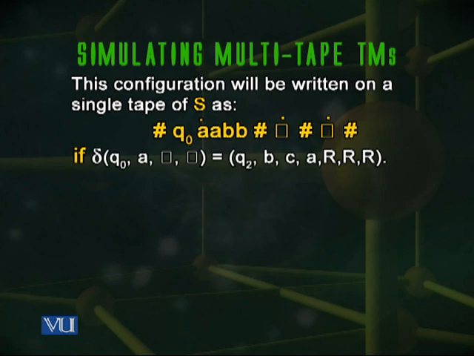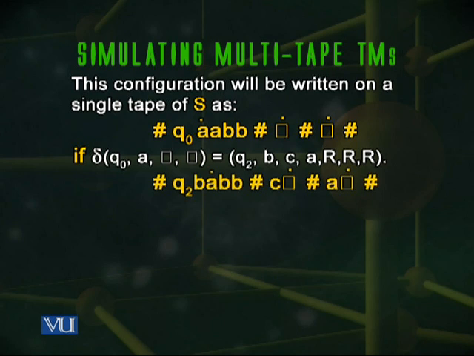Now suppose that delta of Q0 on (A, blank, blank) was equal to (Q2, BAC, RRR). This means the Turing machine M would go to state Q2, replace the A with a B, replace the first blank with a C, replace the blank on the third tape with an A, and move all heads to the right.